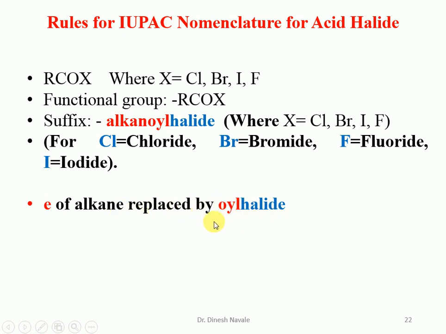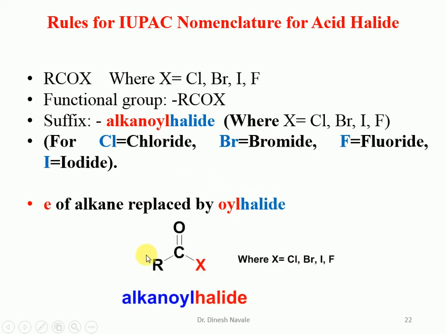First we have to find the longest possible alkane chain, then replace the E of that corresponding alkane by oyl halide. So the nomenclature becomes alkanoyl halide. In RCOX, the R part is the alkane group, which is considered alkanoyl because it is the carboxylic acid part, and X is the halide: chloro, bromo, iodo or fluoro.